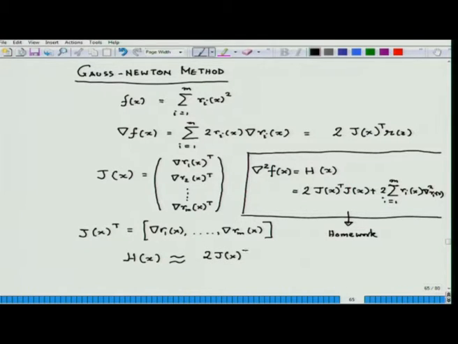I do not do the second derivative at all, because this J(x) depends on the first derivatives. So, I do not intend to use second order information where I should have used it, but use first order information to form an algorithm which is as effective as the one you would have if you had taken the second order information.